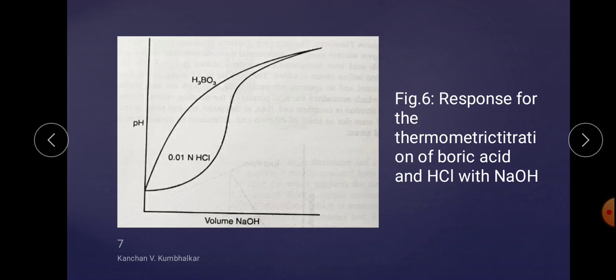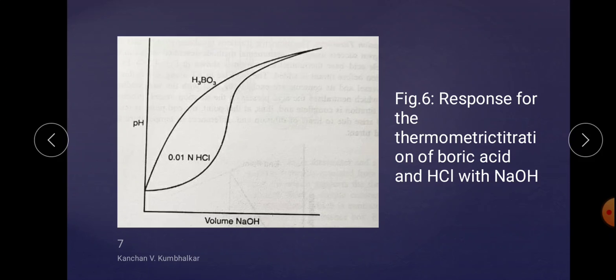Hence when you are continuously and successively adding a base titrant, because of the addition of cool titrant, the warm neutralized solution present in the vessel slowly cools down.